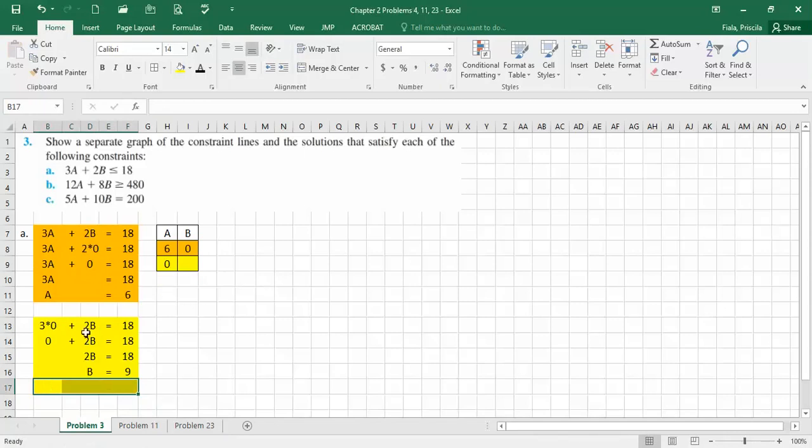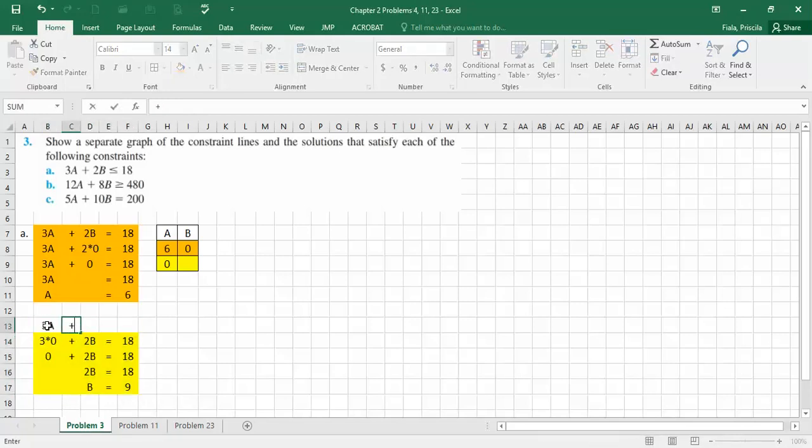That's why it looks different. So let's do it like this, so they look the same. So 3A, and then we repeat the same equation, 2B equals 18. I just want them to be consistent so it doesn't confuse you. There we go. Okay, so now we have learned that when A is 0, B is equals 9, correct? So therefore right here it's 9.